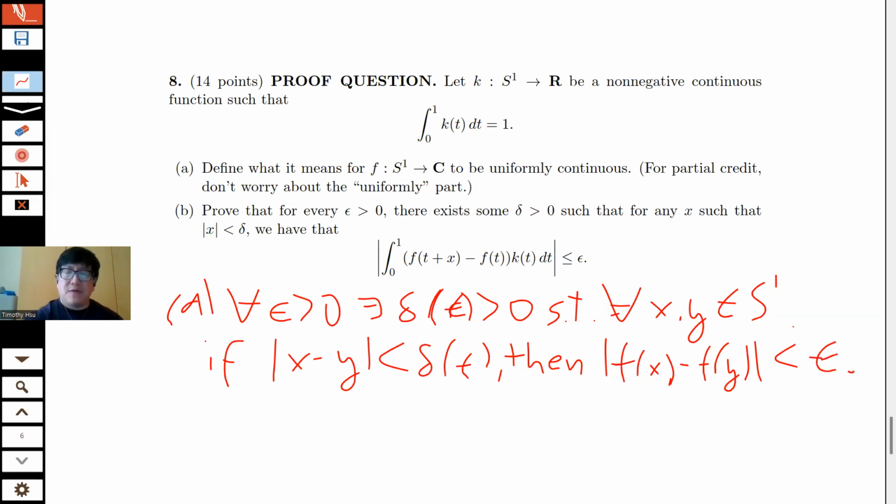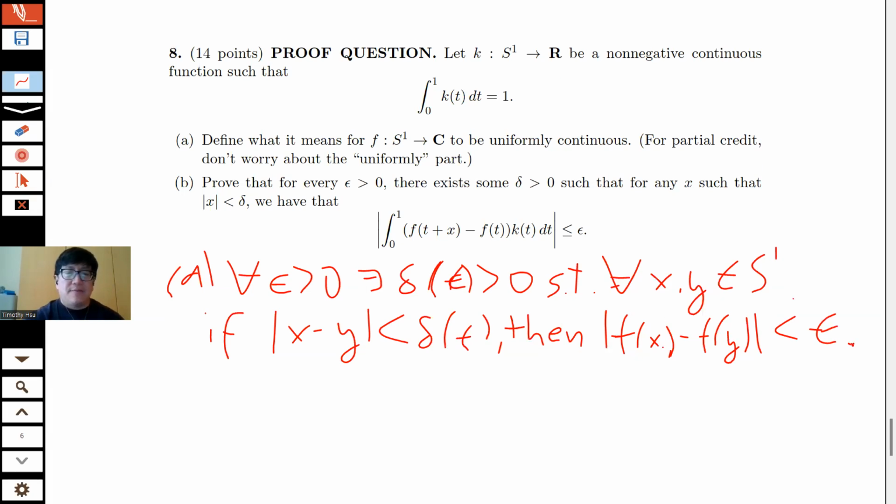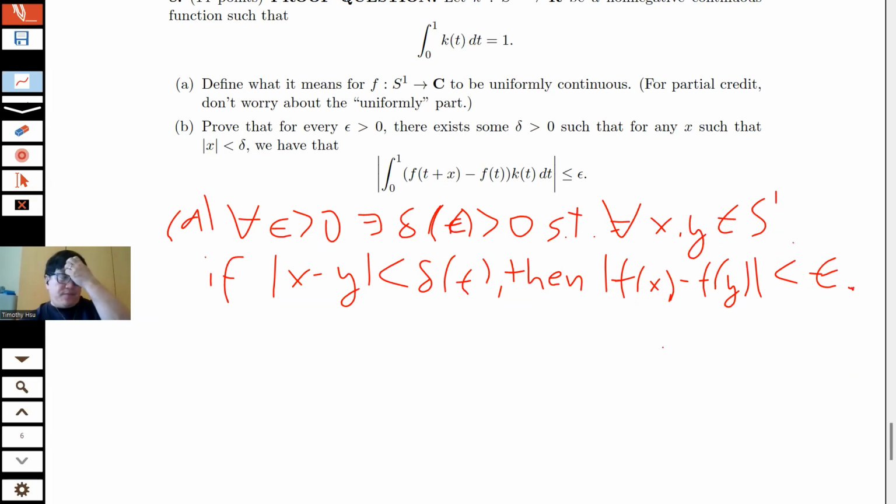Okay, so that's the meaning of uniform continuity.